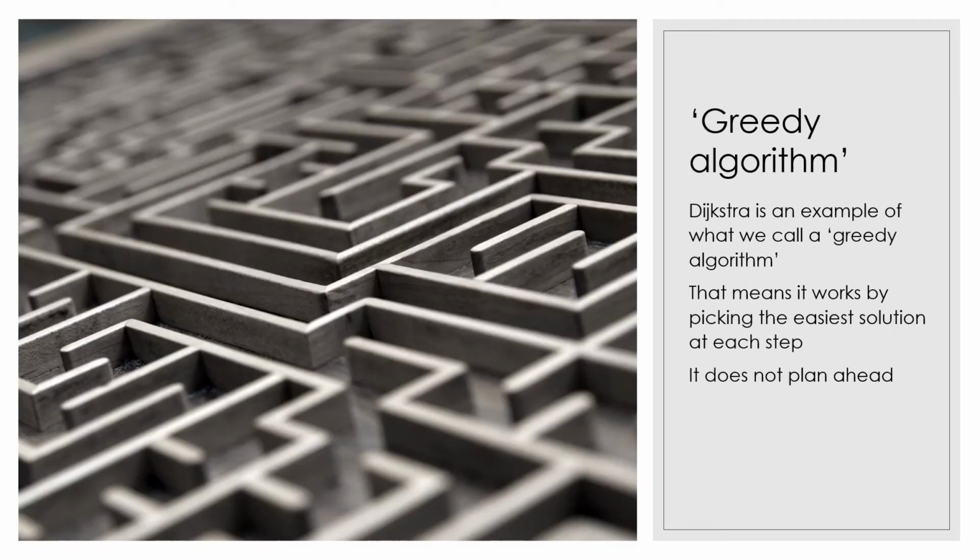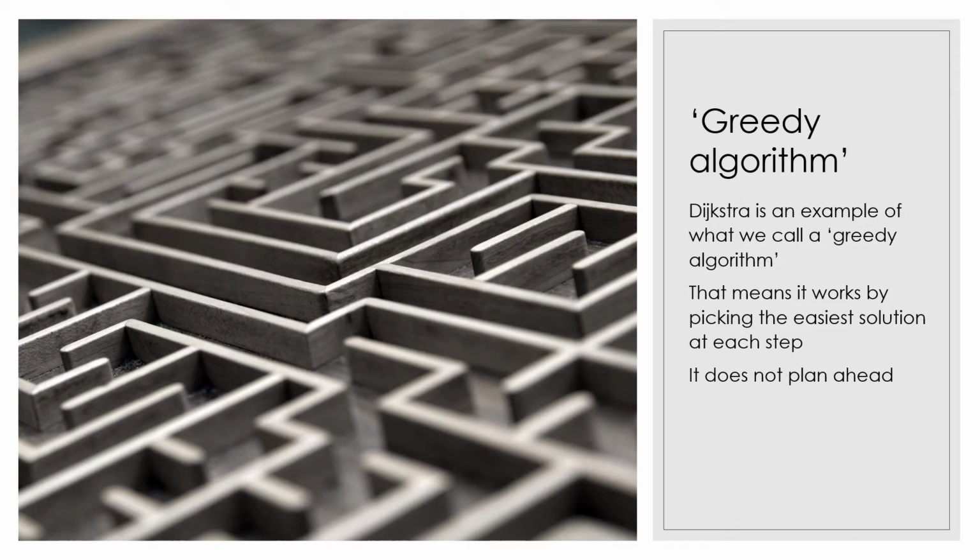An algorithm like this, we call it a greedy algorithm. That's just sort of a computer science nickname for it. And a greedy algorithm is one that always picks the easiest or shortest solution at each step. And it doesn't plan several steps ahead. It just takes the easiest decision at each point.